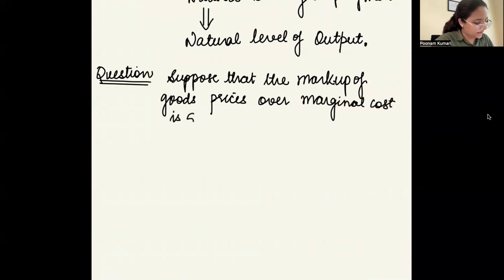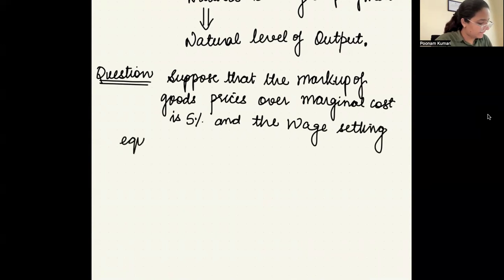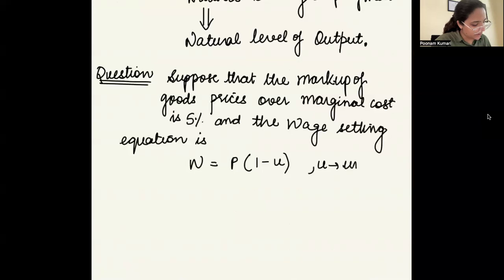is 5%. Okay. And the wage setting equation is this, that W is equals to P times 1 minus U, where U is unemployment rate.